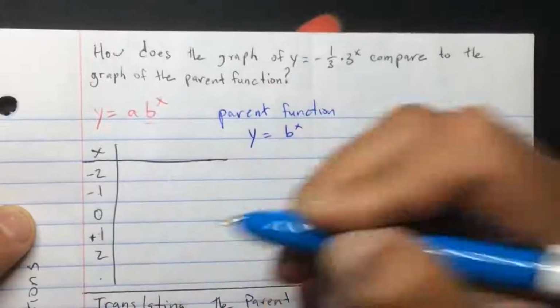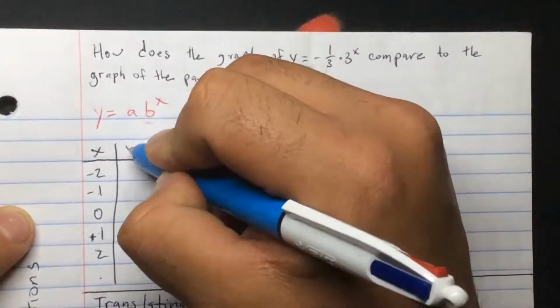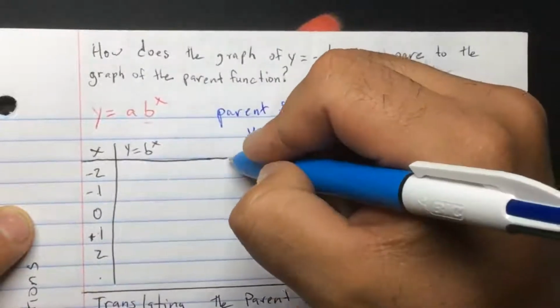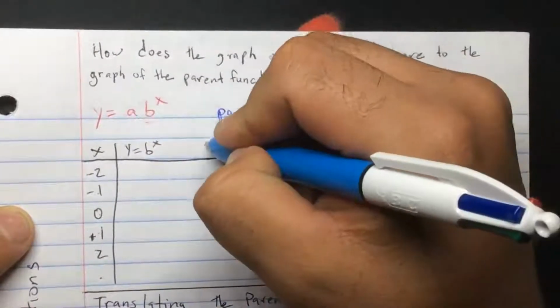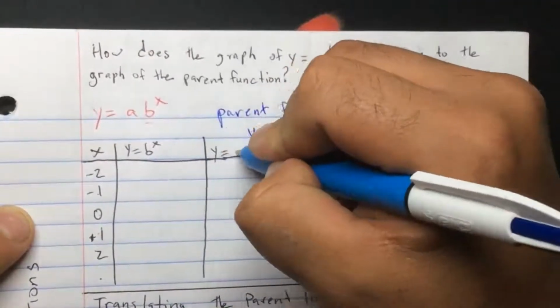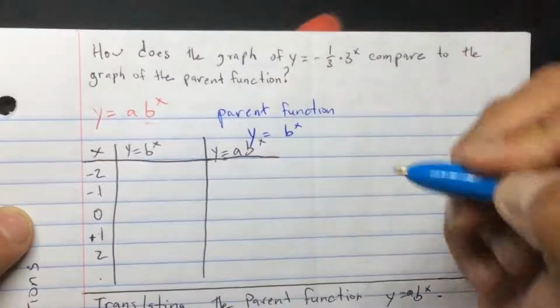And then we'll do our parent function, y is equal to b to the x power, and give us a little bit of space so we can do calculations if we need to. And then we'll do our y is equal to ab to the x.